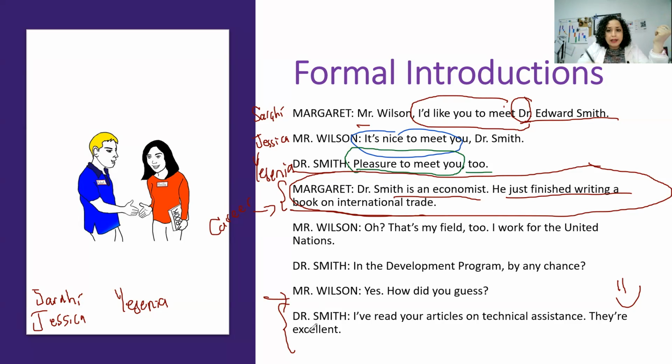Why? Because as you can see, Dr. Smith just wrote a book about international trade, and what Mr. Wilson has written before is about technical assistance. There might be technical assistance that Dr. Smith might require from the United Nations.